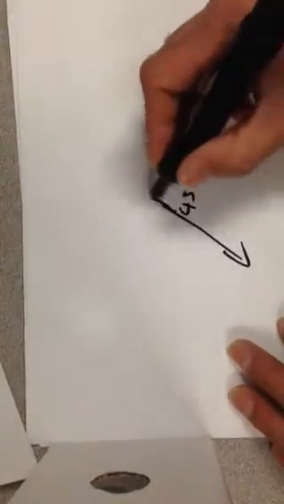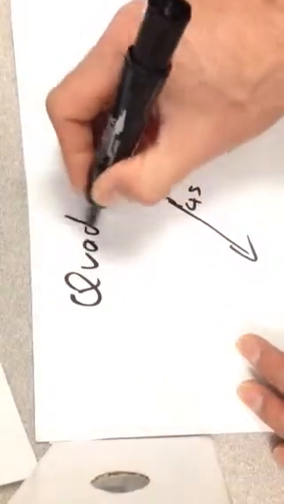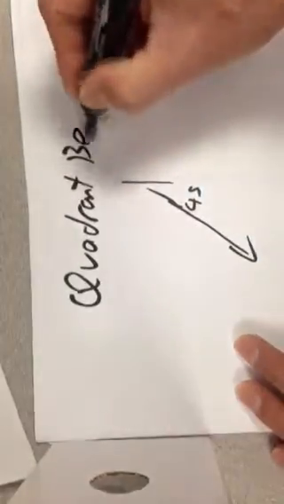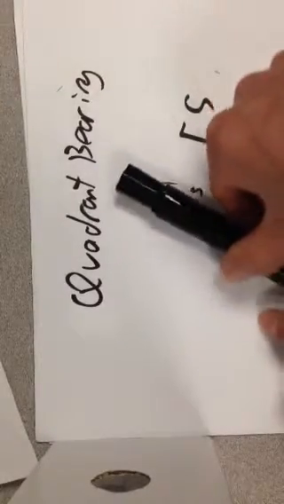Looking at exactly the same vector, that's 45. Our quadrant bearing: we start either north or south, and this one is clearly more south than it is north. So we start off south, and then we must rotate 45 degrees.